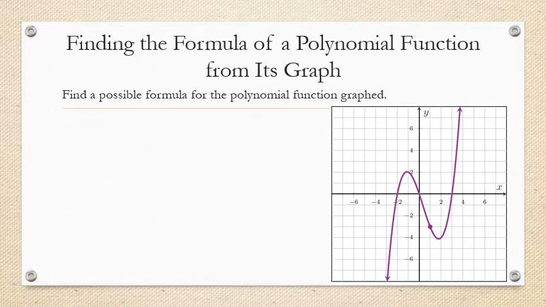So now let's do the opposite and look at a graph and try to find the formula for it, or a possible formula. There's a couple steps that we do for this. The first thing that we do is write the factors and their multiplicities.